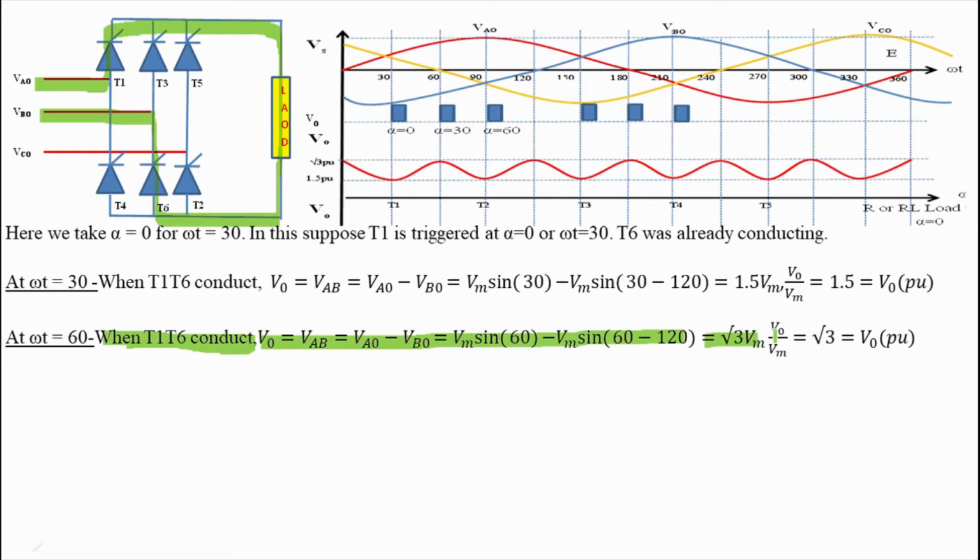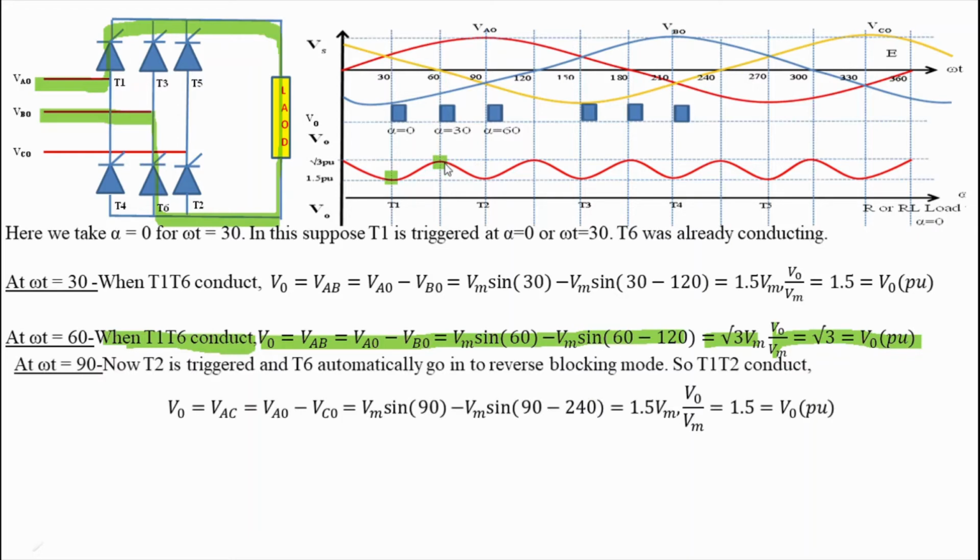If we write the value in per unit, then we will get V0 by Vm equals root 3. So here we can see that we get V0 equals root 3 per unit for omega t equals 60 degree.